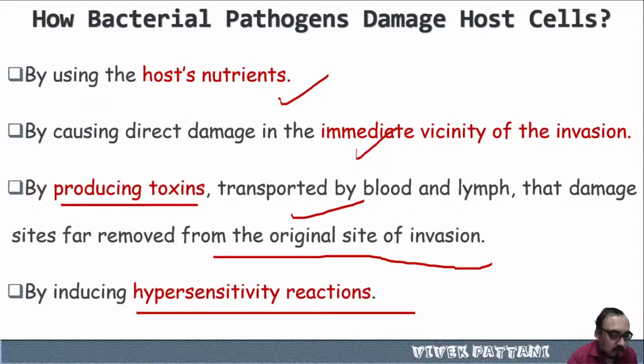Once inside the host cell, the bacteria may remain enclosed in a vacuole composed of a host membrane, or the vacuole membrane may be dissolved and the bacteria may disperse within the cell, from one cell to another.